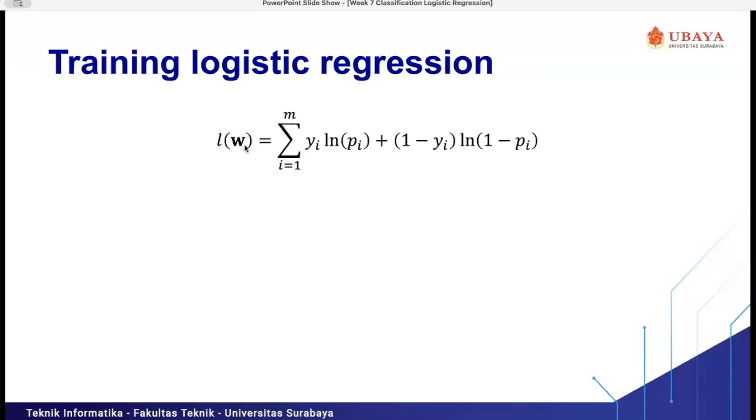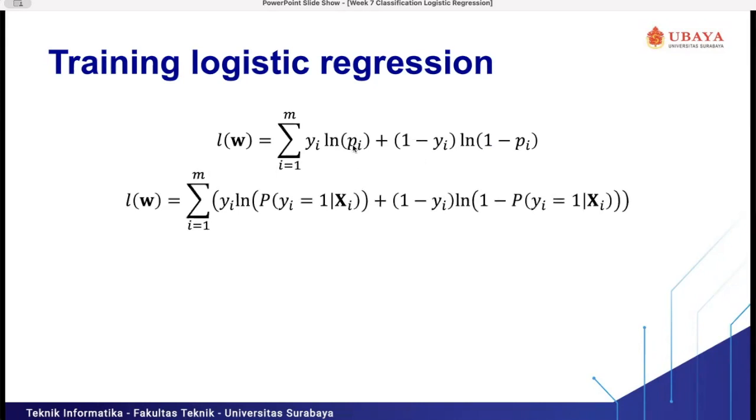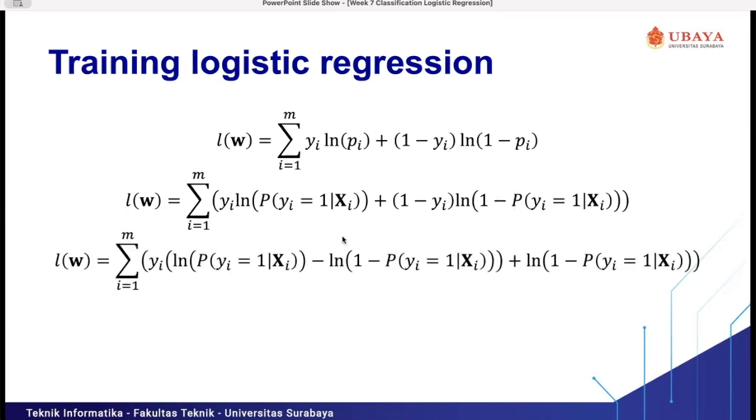Since we have the log likelihood equal to the sigma for i equal 1 to m of Yi times the natural logarithm of Pi plus 1 minus Yi multiplied by the natural logarithm of 1 minus Pi, we change the Pi values into the probabilities, the probability of Yi equal 1 given Xi values, and we use linear algebra to multiply every value here. Yi is multiplied by the logarithm of this, and 1 minus Yi is multiplied by the natural logarithm of 1 minus the probability of Yi equal 1 given Xi.